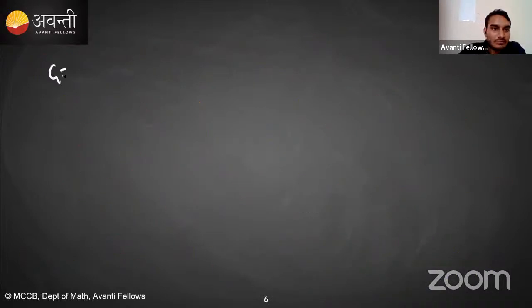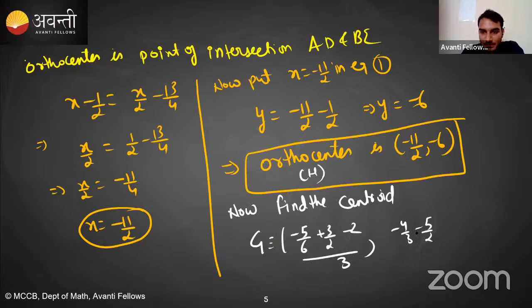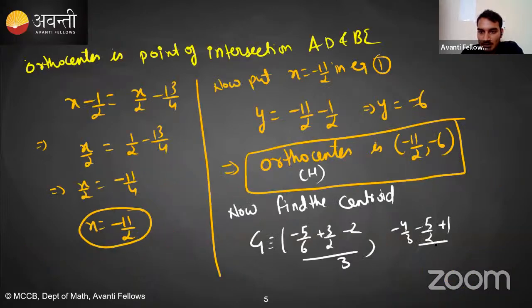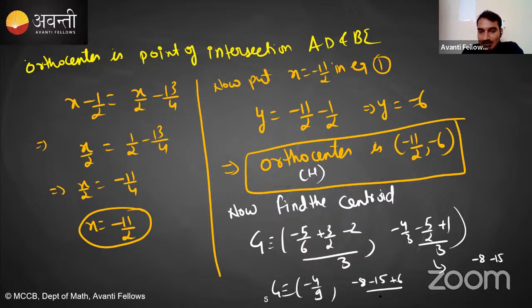So what is the centroid? -4 by 9, comma, what is this? +1 by 3. So the centroid comes out as -4 by 9, comma. Solve this a little. What is this? -8 minus 15 plus 6 upon 18.